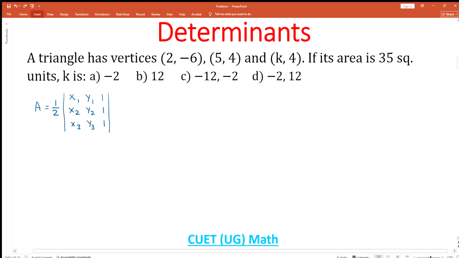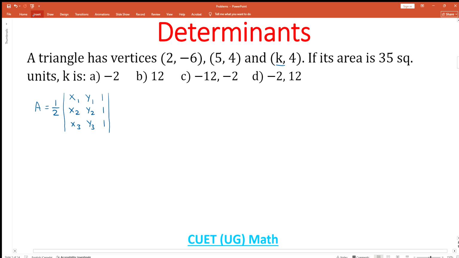In this problem, we are given the area of the triangle. We have to find the value of k, which is the x-coordinate of vertex (k, 4). So in this type of problem, in which we are given the area of the triangle and we have to find the unknown coordinate of a vertex of the triangle, we should analyze both positive and negative cases for the value of the determinant we get for the 3 by 3 matrix.